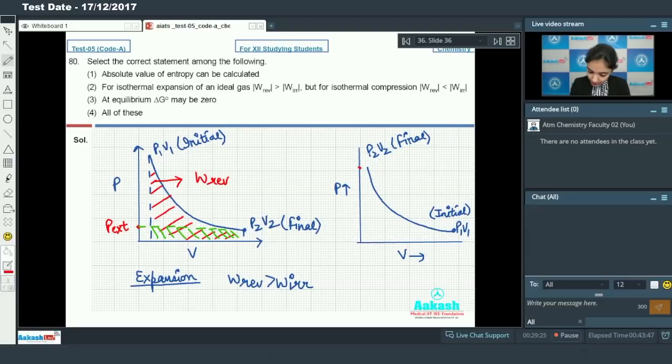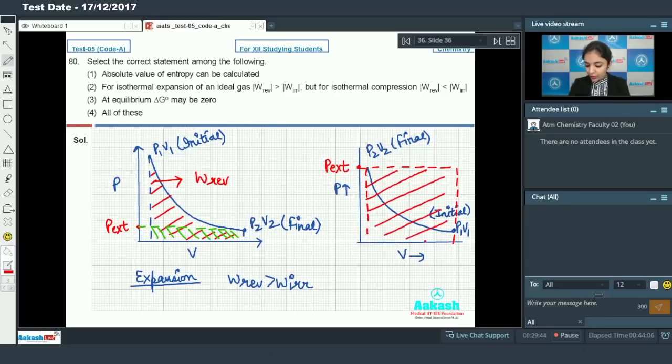So suppose here is the P external. So the work done will be this. So this will be the work done in the isothermal compression. Which you can see is higher than the reversible work done. So we can say that work done reversible is less than work done irreversible in the case of isothermal compression. So this statement is absolutely correct.